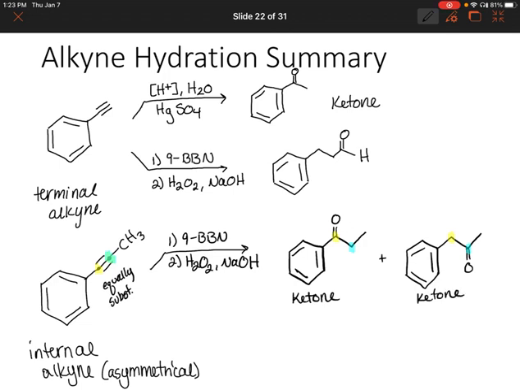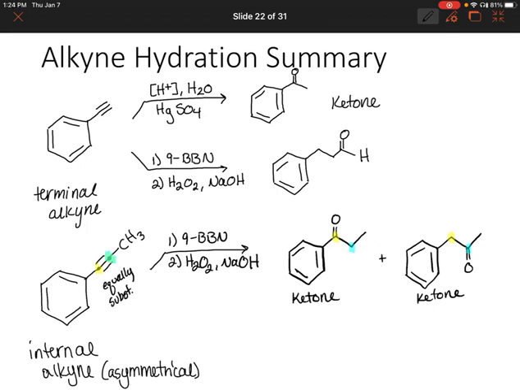Okay, so even though hydroboration oxidation goes through anti-Markovnikov addition, in this case, we have equally substituted carbons. So we're going to add our functional group to either carbon in this case. And because we have an internal alkyne, we actually end up with ketones. So, kind of cool.